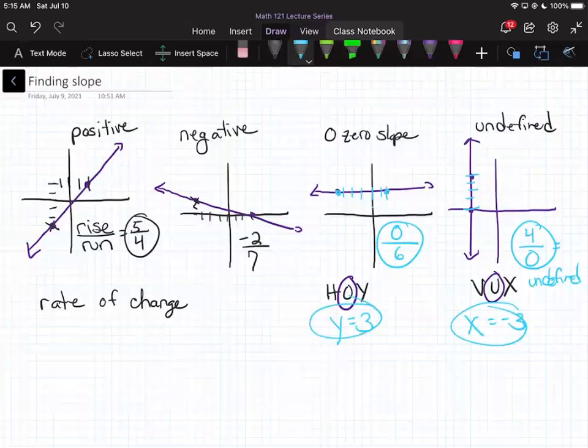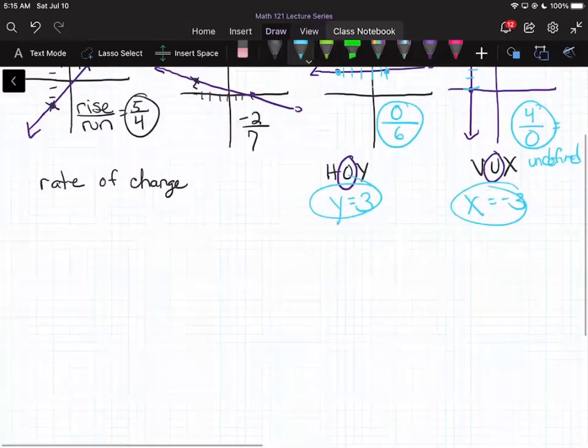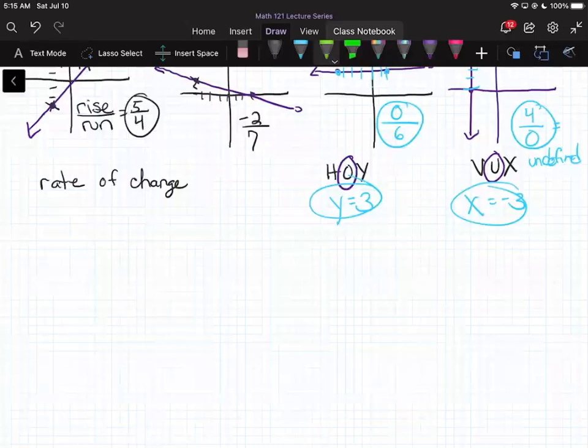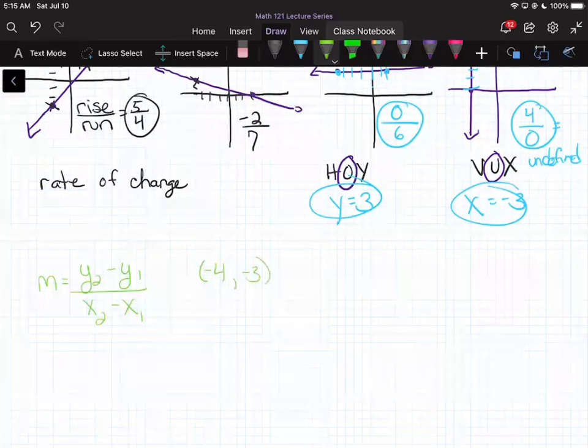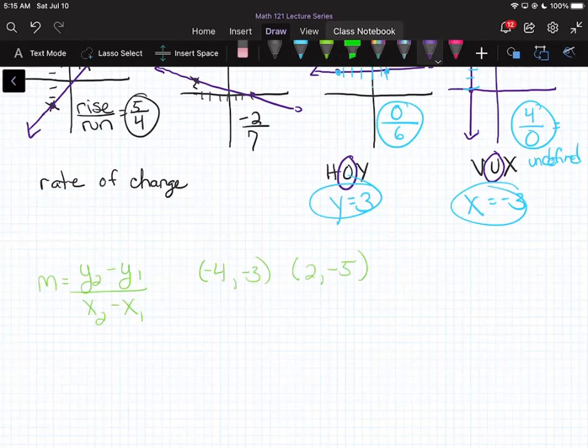Sometimes we're given 2 points with which we need to calculate the slope. The formula when we're given 2 points is that the slope, represented by m, is y2 minus y1 over x2 minus x1. So for example, if we have (-4, -3) and (2, -5), it doesn't matter which one you call x1, y1, and x2, y2.